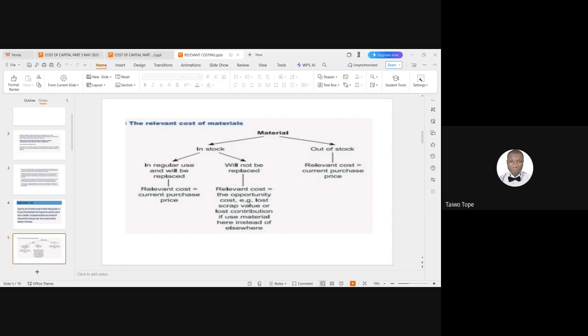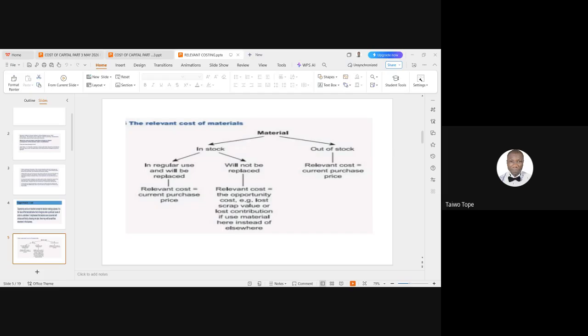So, where the material will not be replaced, the relevant cost will be equal to what? The opportunity cost, e.g., lost scrap value or lost contribution, if you use the material here instead of elsewhere. So when you use the material for a particular decision, and you are going to be losing certain things by not using it in another aspect, what are those things you are losing?